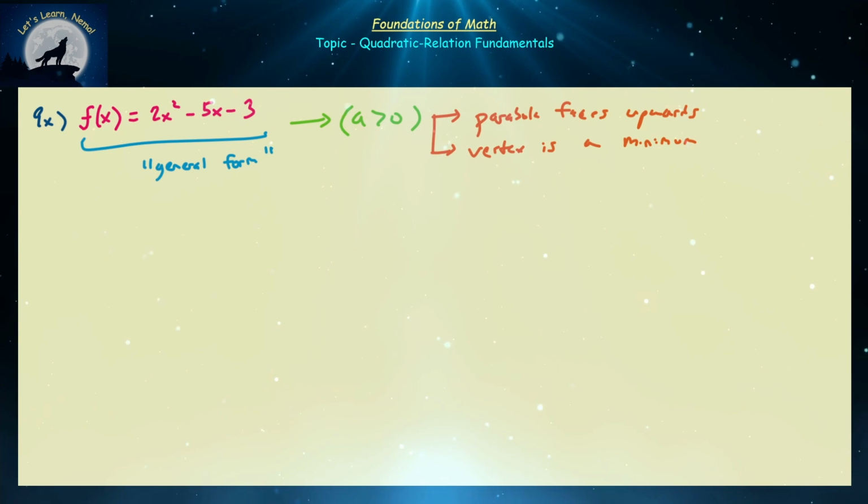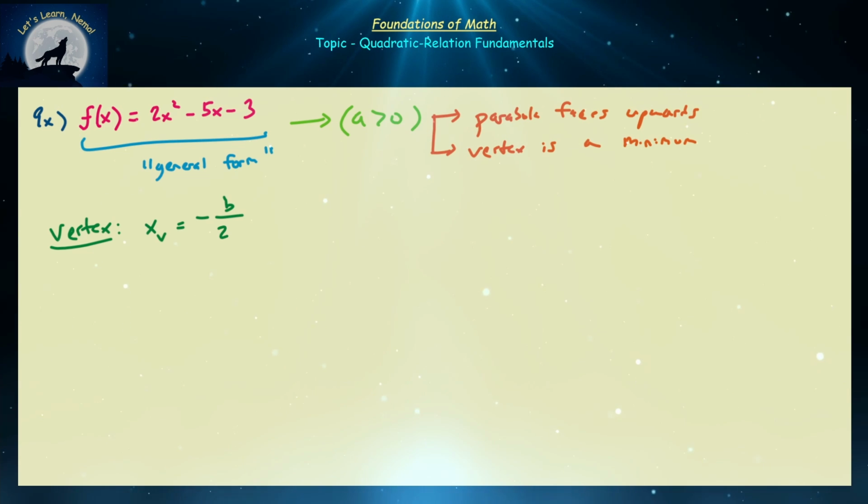So where is this vertex? Keep in mind, generally speaking, its x-coordinate is located at negative b all over 2a. Here a is 2, b is negative 5, and c is negative 3. So for our example, that's going to be negative b, negative negative 5, all over 2a, which is 2 times 2.